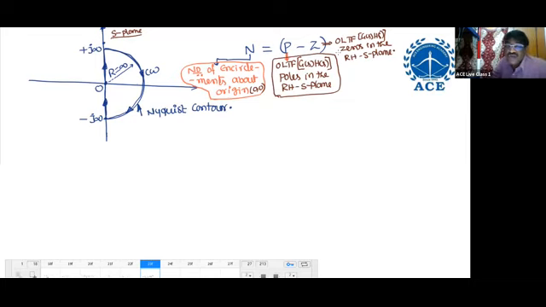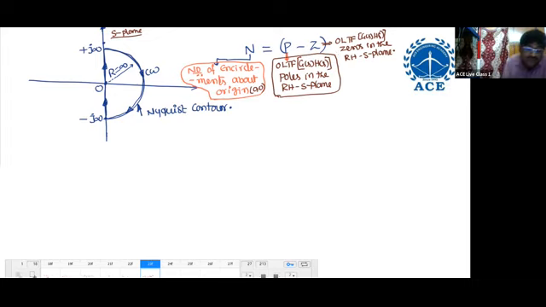Very rarely in the exam do they ask for encirclements about origin. Whenever they ask about origin, P is the open loop poles right and Z is the open loop zeros right. If they ask about -1, then P and Z change.